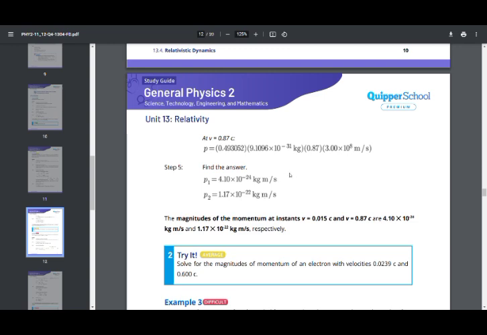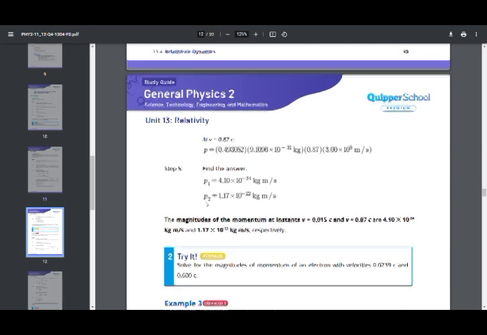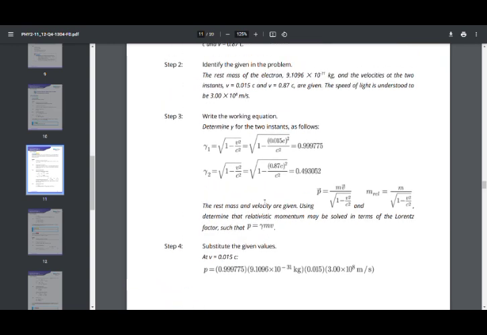And then, sa question number 2, it's like 1.17 times 10 negative 22 kilogram meter per second. So, the magnitude of momentum nila, ang dalawa, ay yung answer nila. Diba? Madali lang. Average na question. So, madali lang talaga intindihin yung physics, guys.